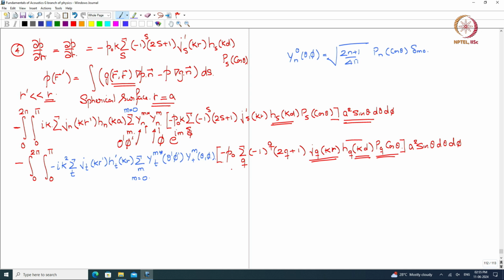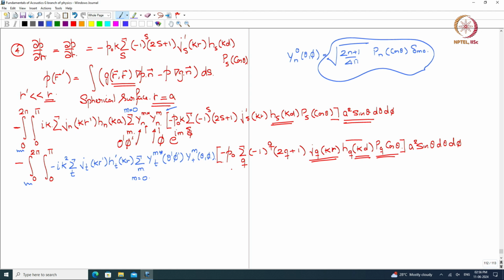So now if I use this twice pi integral here and here on the phi part that is there, what I will get is this. Let me write that now. Okay.